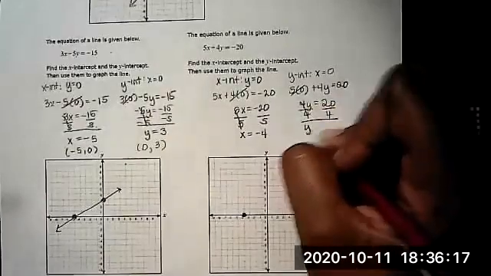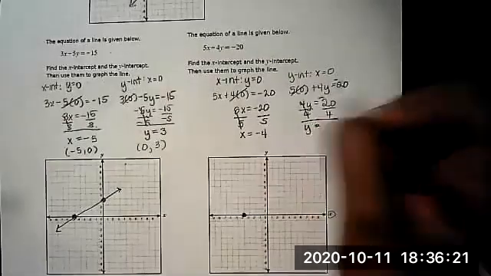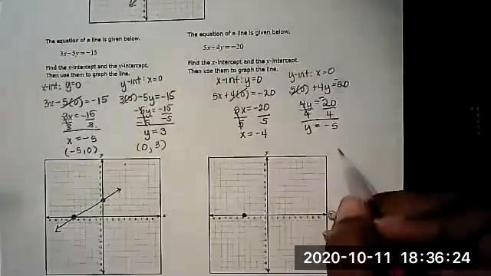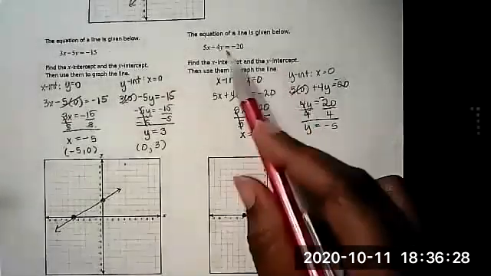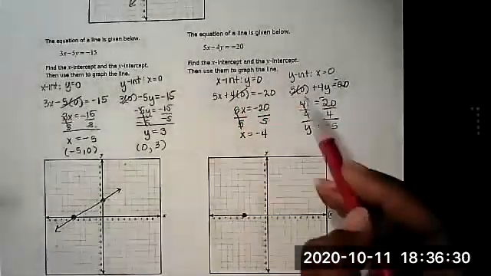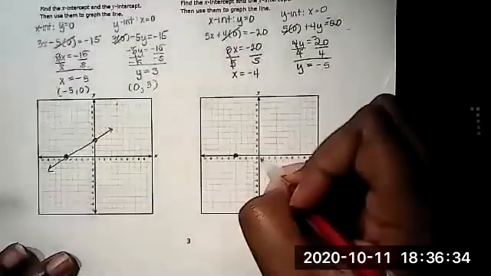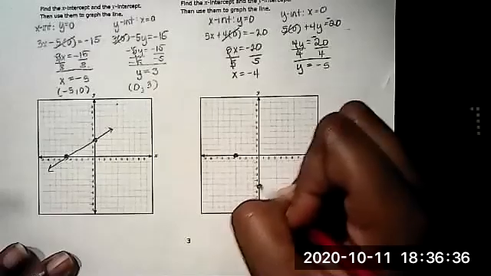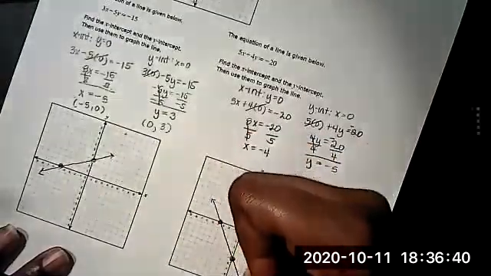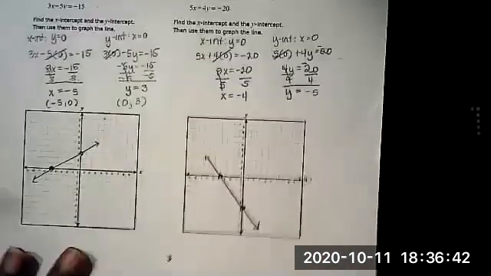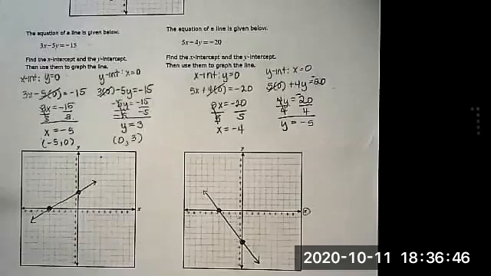We get y is equal to negative 5, because that's negative 20 divided by 4. I apologize. Of course, looking at our original problem, because you're using the original problem here, that becomes negative 5. So our graph looks like that once we connect the dots. And that is Unit 5, Day 3 notes.